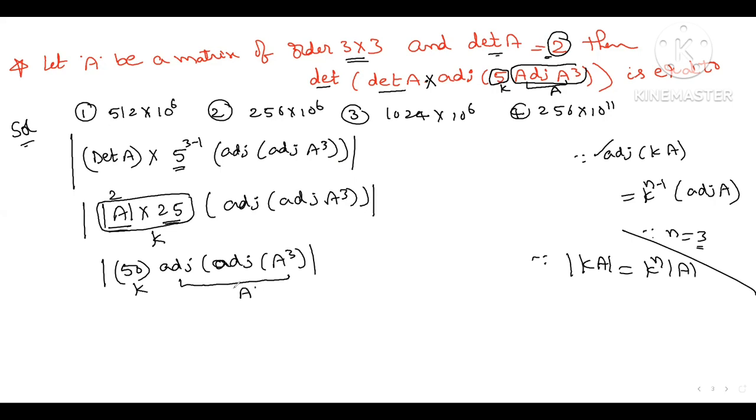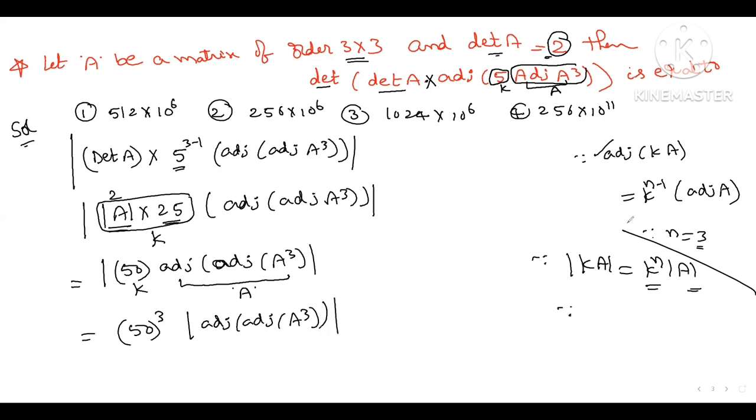Let us take matrix A. According to the formula, k to the power n, 50 to the power n. What is the value of n here? 3. So k to the power n into det of adjoint of A cube.